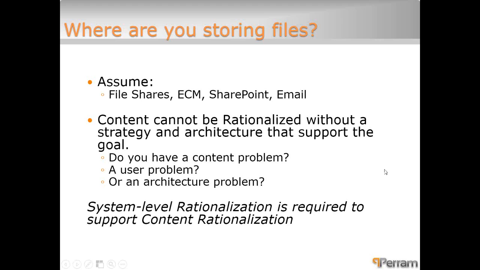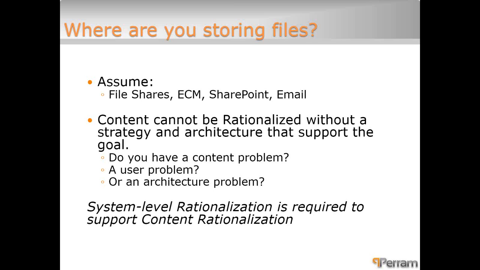And at a very fundamental level, we need to look at this content rationalization topic and determine, do we have a content problem? We may. Do we have a user problem? Is it users are storing things all over? Yeah, that's probably part of it. But at the heart of it, is it really an architectural problem? Have we simply provided too many options to where content can be stored? And that's really driving our content issues.